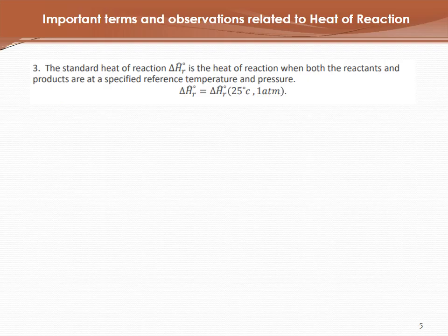Here, let's talk about the standard heat of reaction. This is the heat of reaction when both the reactants and the products are at a specified reference temperature, and in this case it is 25 degrees Celsius and 1 atmosphere. The standard heat of reaction is calculated by using Hess's law.